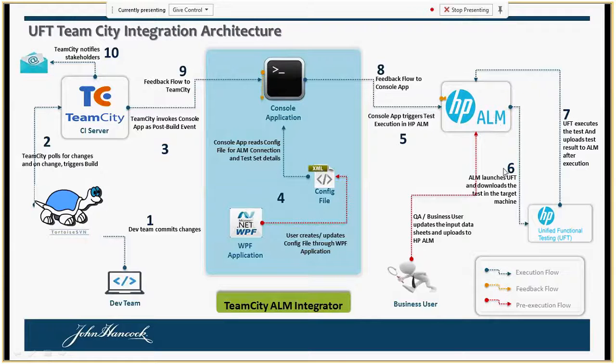It ensures that all the functional flow gets validated, and then it sends a response to the HPALM, which is passed back to TeamCity to ensure that the build has succeeded. If the build succeeds, it deploys to the higher region, that is the integration region, else it fails the build and informs the stakeholders.